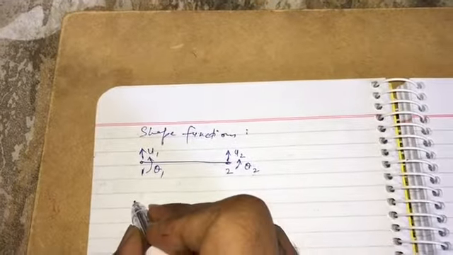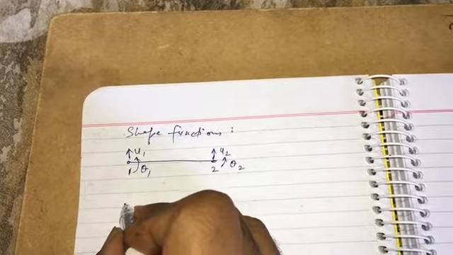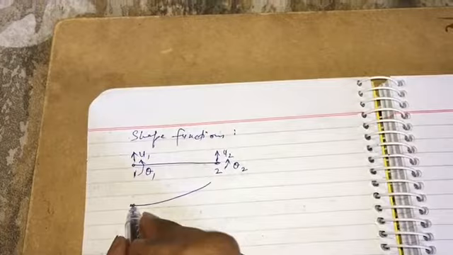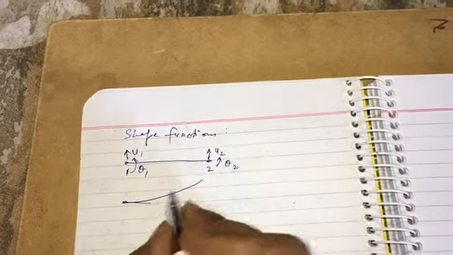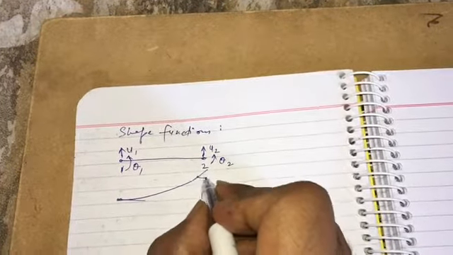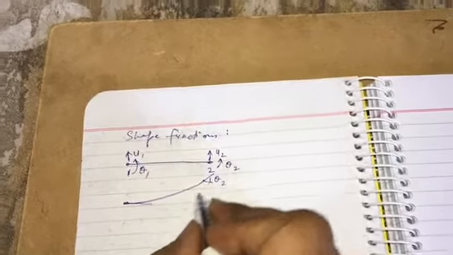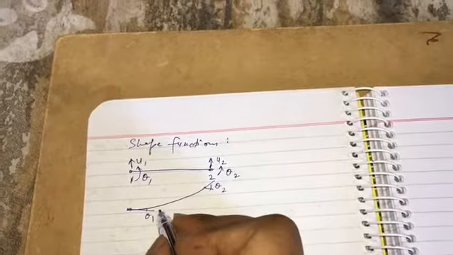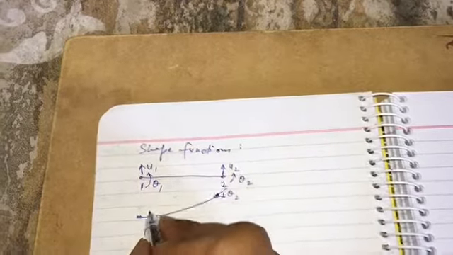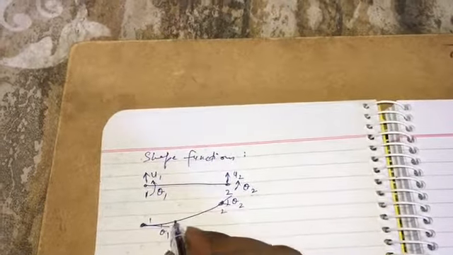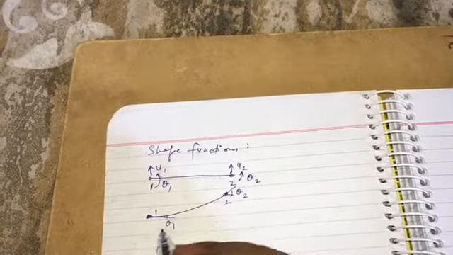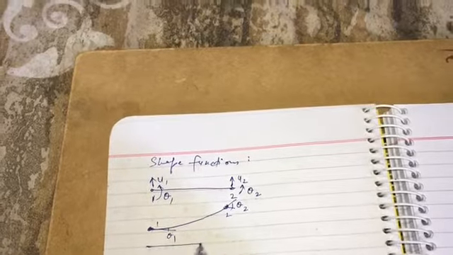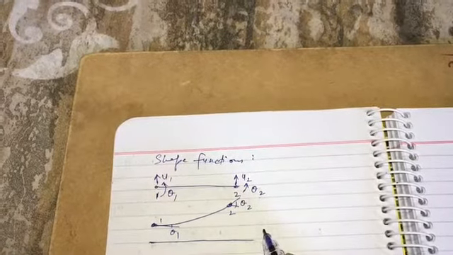So for example, the beam may be something like this one. The slope of this will tell what theta is. So theta 2 is like this one. This is theta 1, for example. So node 1 and 2. And then displacement, let's say you are measuring with respect to any horizontal line, this is the baseline from where you are measuring.